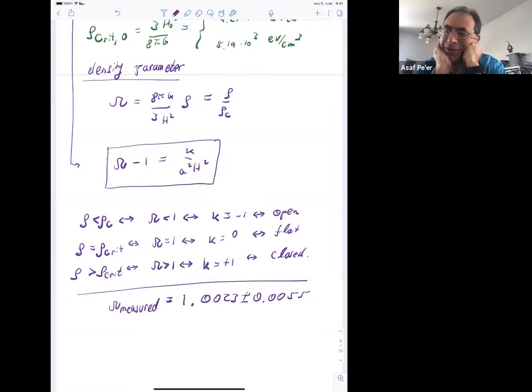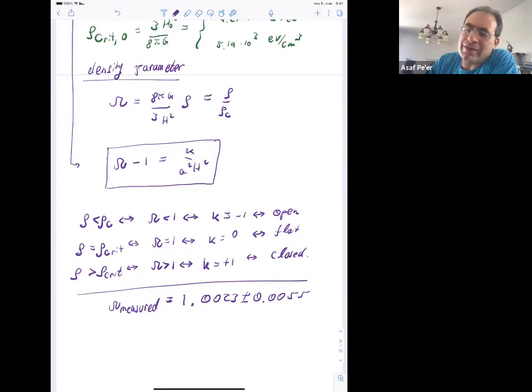So the true answer is we don't know. The universe we live in is consistent with being flat, but is also consistent with being open or closed. It is a very big open question why the value of omega is so close to 1 and not 0.15 or 239.